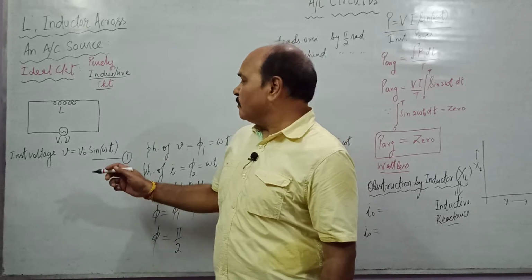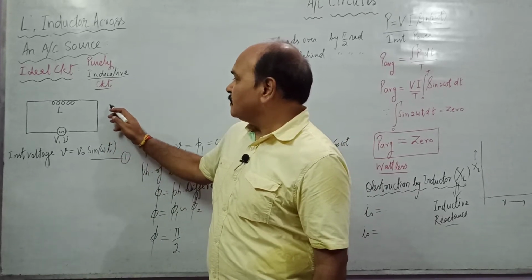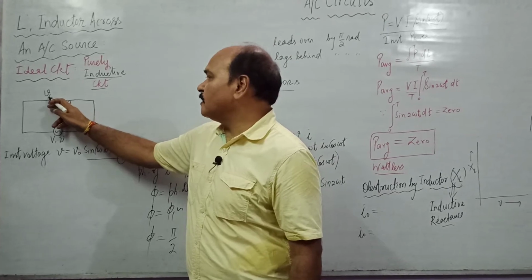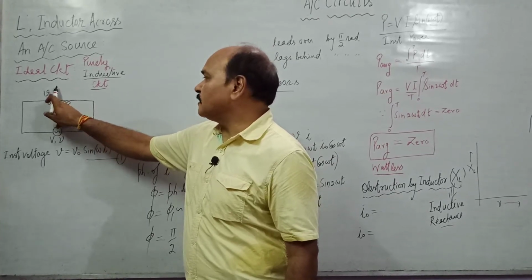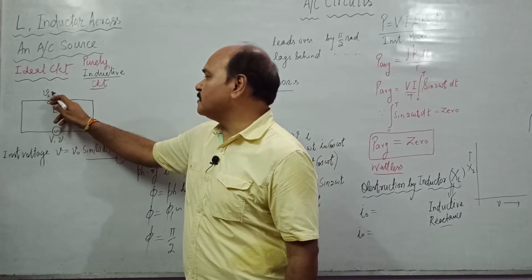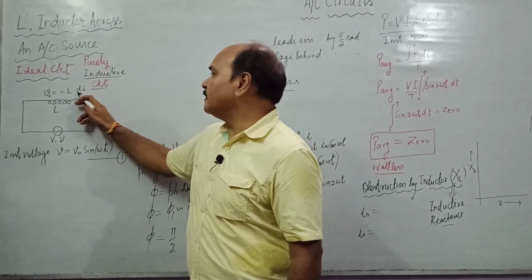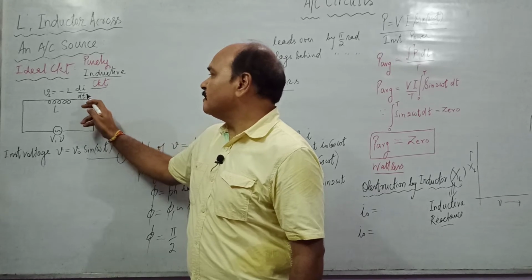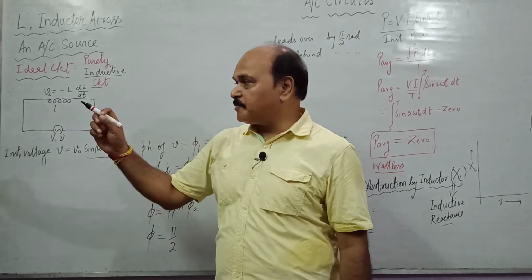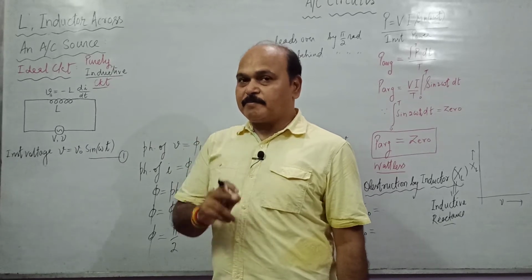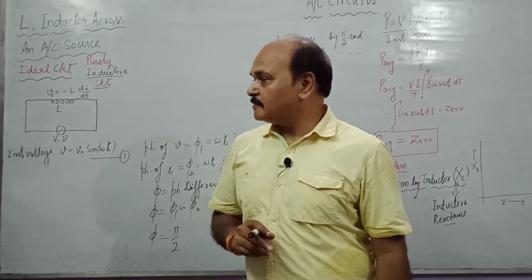Well, we already know that the value of voltage induced across the coil is minus L times di by dt. We have studied this expression for self-induced EMF in the chapter electromagnetic induction.